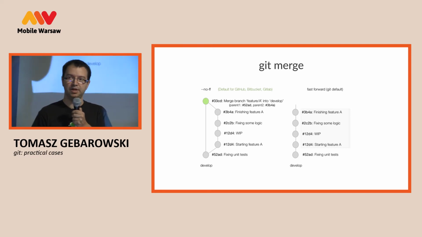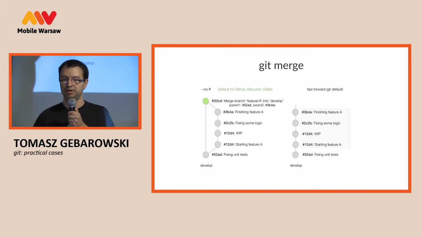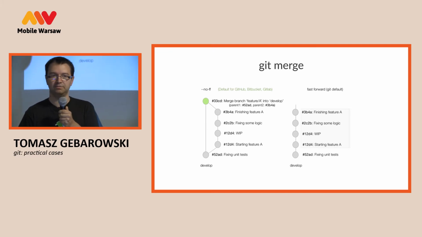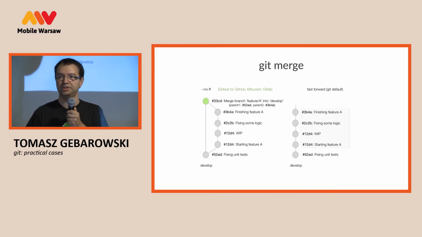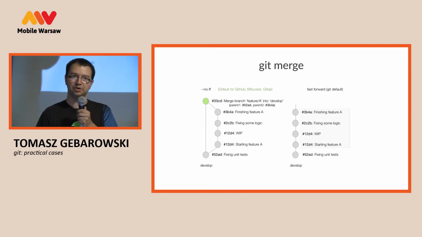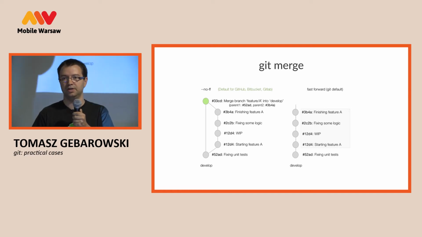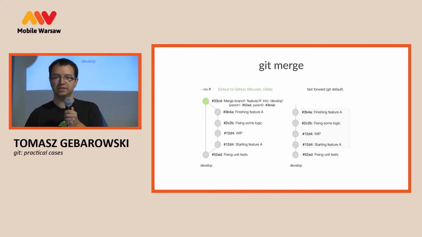On the other hand, we have merge without fast forward, which is made using the no fast forward flag. In this case, we are forcing a merge commit. So each time, no matter if the origin of the source branch from which we branched off has changed, we are creating a merge commit. And the merge commit is some kind of empty commit that simply connects two parents, parent 1 and parent 2.